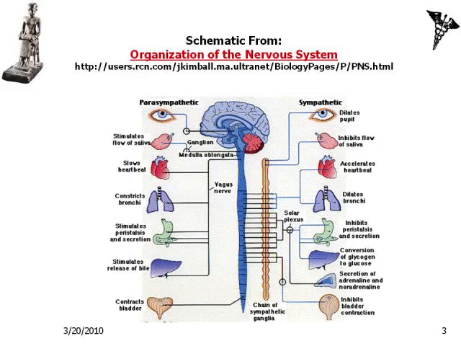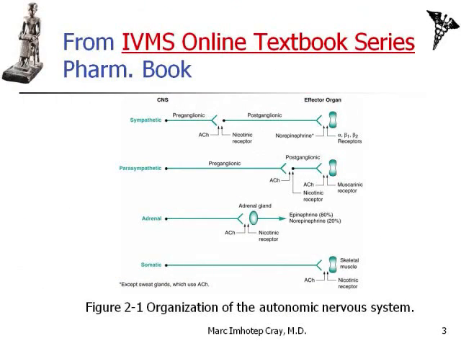The effector organs were three: cardiac muscle, smooth muscle, and glands. When we talk about smooth muscle, we are talking about vascular smooth muscle and non-vascular smooth muscle, which is our viscera. We said that the neurotransmitter of the parasympathetic subdivision was acetylcholine, and the receptor that acetylcholine was going to be interacting with on the effector organ was a muscarinic receptor.